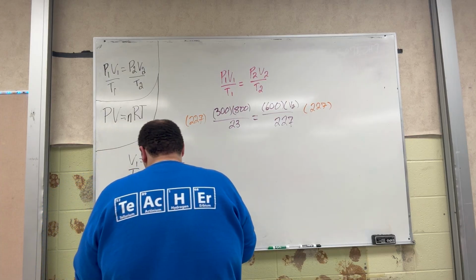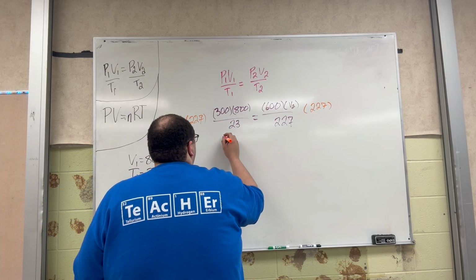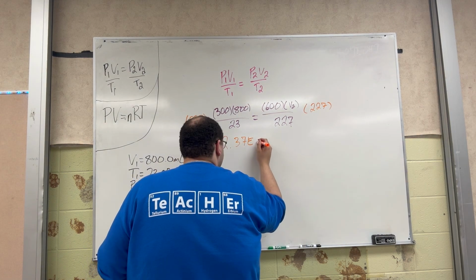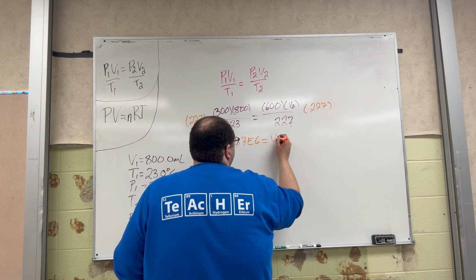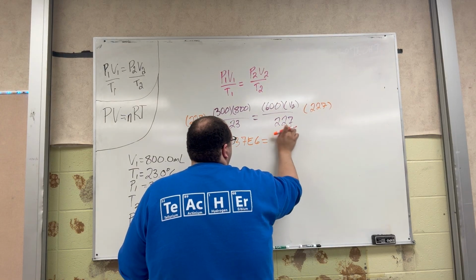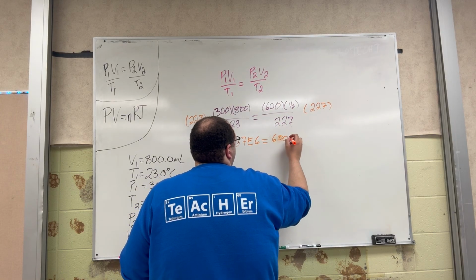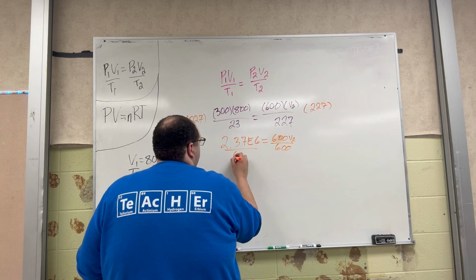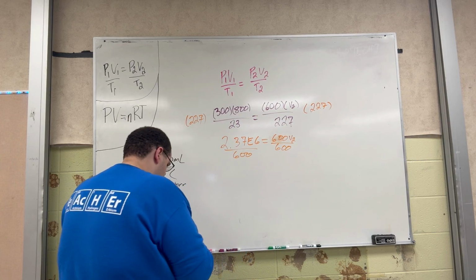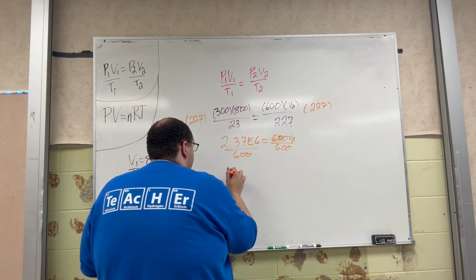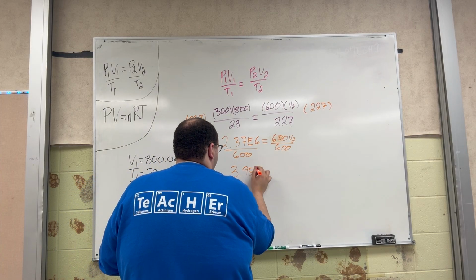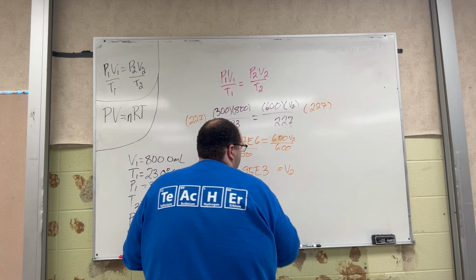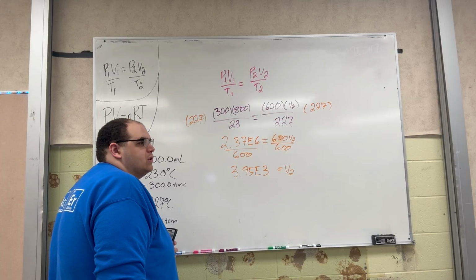Which gives me 2.37 E6 equals 600 times V2. Divide both sides by 600 to get 3.95 E3 equals V2. We're solving for V2. What's my unit going to be here?